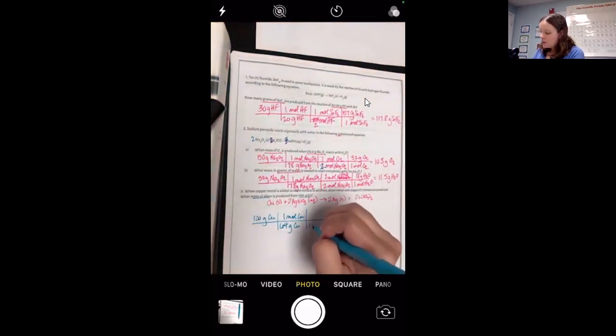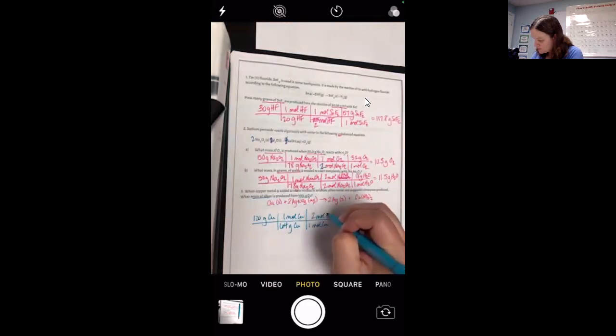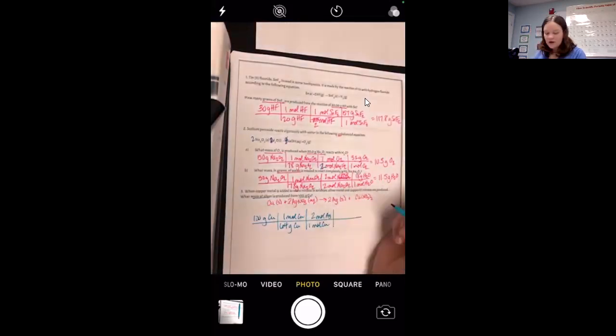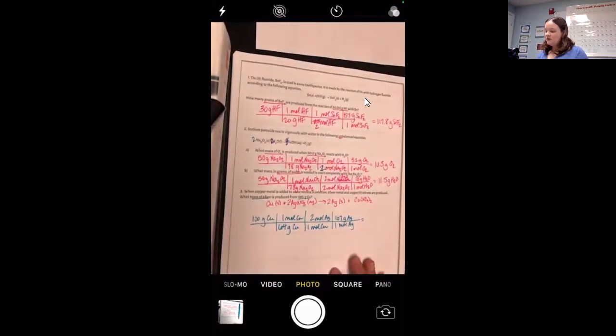I have 1 mole of copper to 2 moles of silver. And silver has a mass of 107. So 1 mole of silver is 107 grams. Do math.